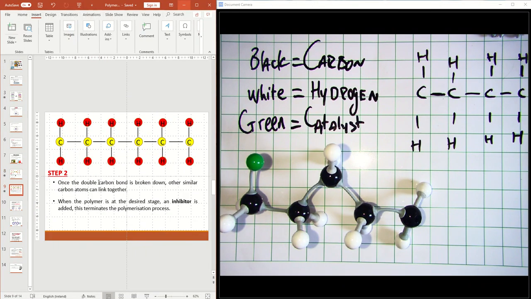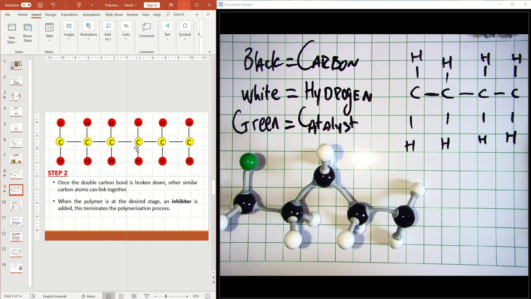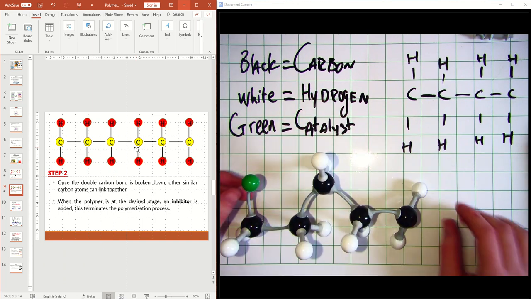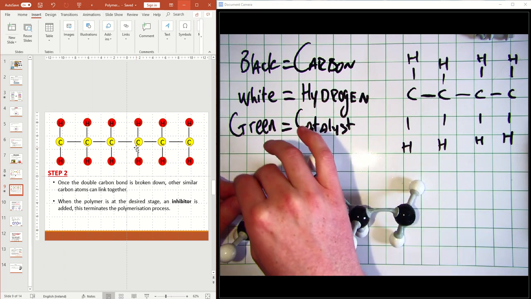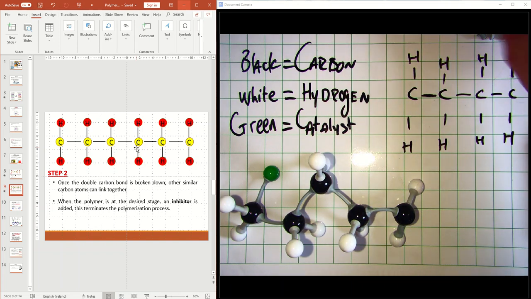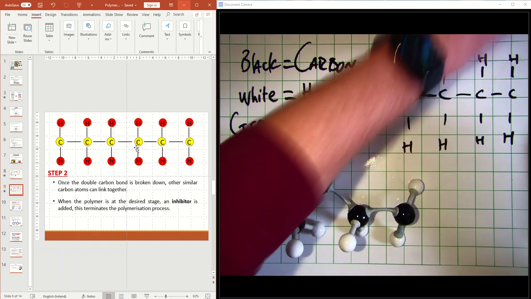So what's happened here? Once the double bond's broken down, other similar carbon atoms are linking up, and this is what we're getting at here. Finally, when the polymer is at the desired stage, I want to add something in order to stop the process. What I need to do is add another catalyst, in this case an inhibitor, to stop the process.